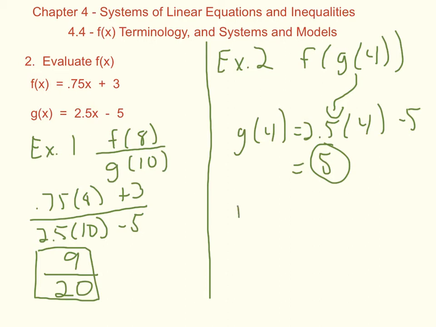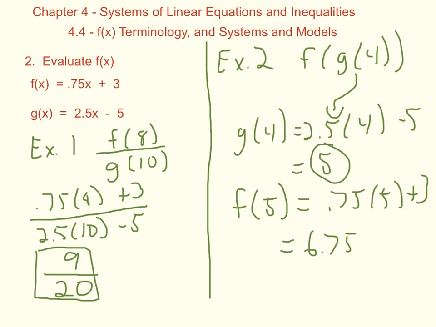So now what we have is f of x when x is 5. What does that equal? 0.75 times 5 plus 3. So 3.75 plus 3, 6.75.